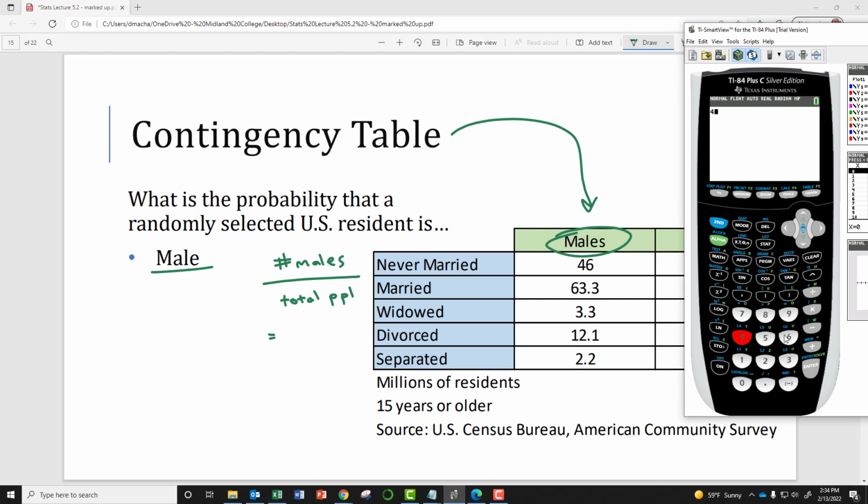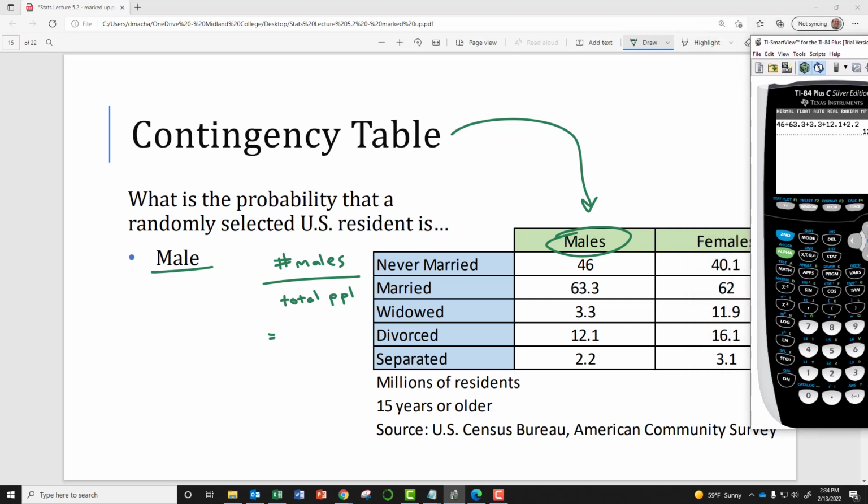So males will be 46 plus 63.3 plus 3.3 plus 12.1 plus 2.2 for a total of 126.9 males. And let's do females while we're at it. So we'll do 40.1 plus 62 plus 11.9 plus 16.1 plus 3.1.